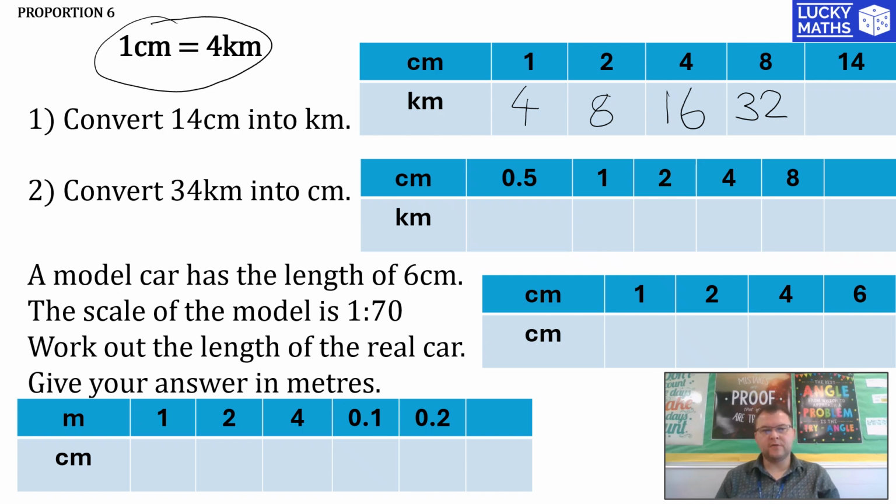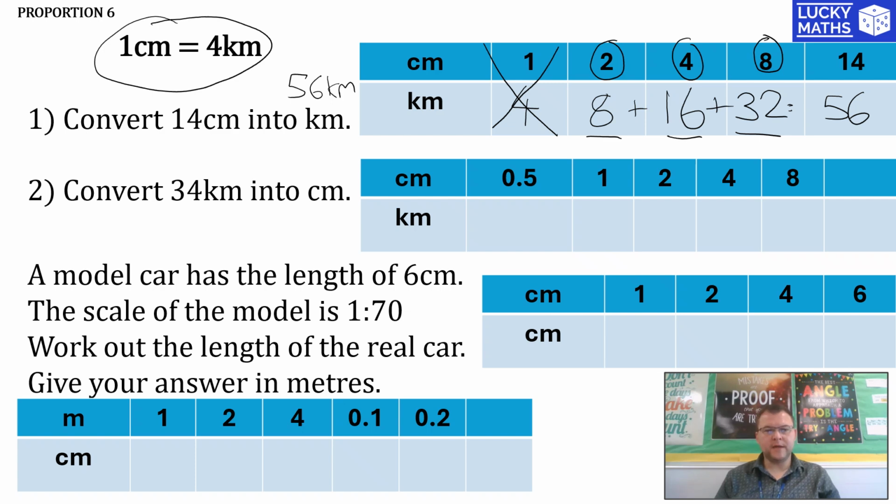So as I've done before, we need to look for which options will add to give us the 14 centimetres. In this case, basically everything but the 1 centimetre. So 32 plus 16 is 48, plus 8 would end up with 14 centimetres, representing 56 kilometres.